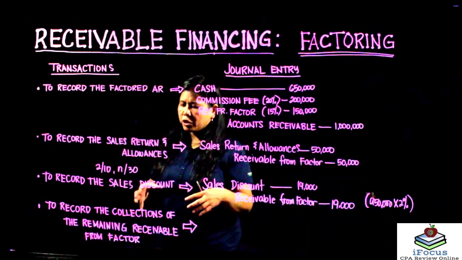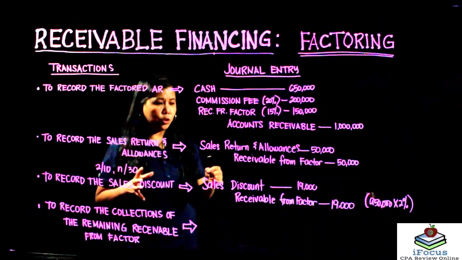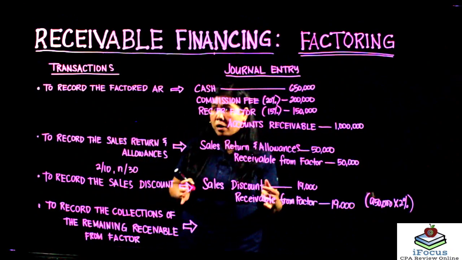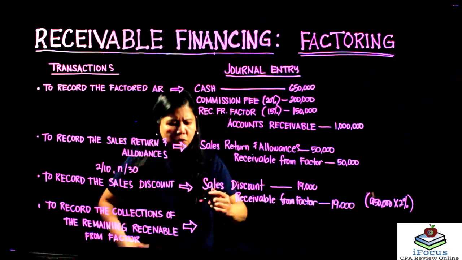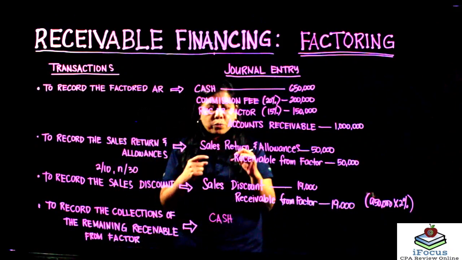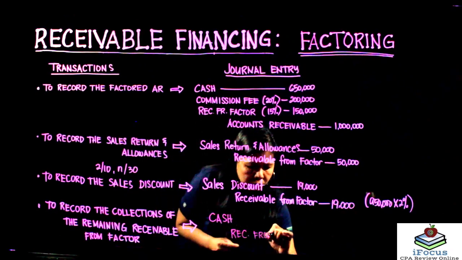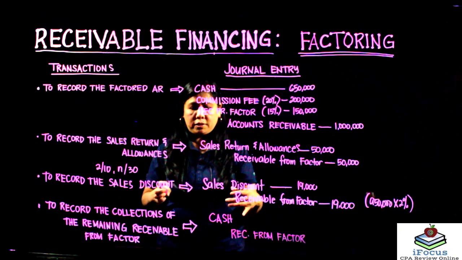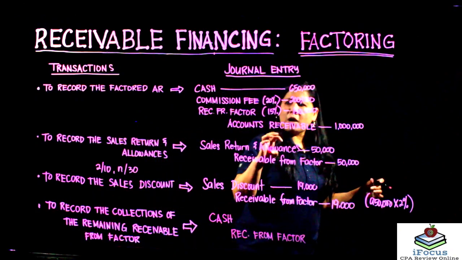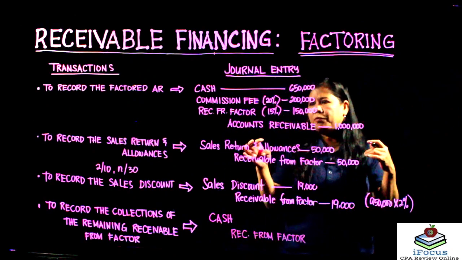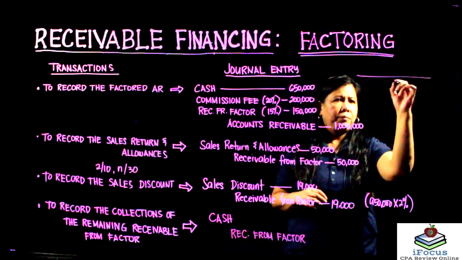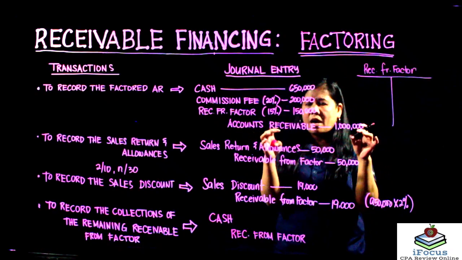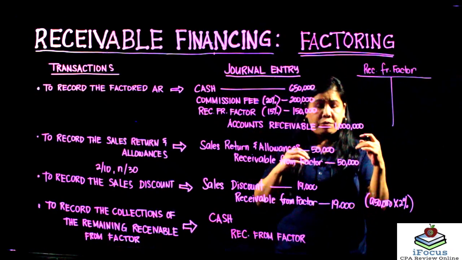To record the collection of the remaining receivable from the factor, we debit cash and we credit the receivable from factor. So, how much cash ang matatanggap natin sa factor this time? Kung titignan mo yung ating T account na receivable from factor, we debit 15% of the accounts receivable of 150,000.